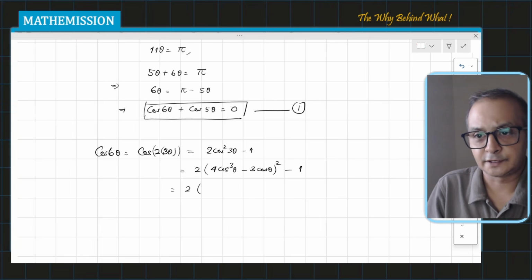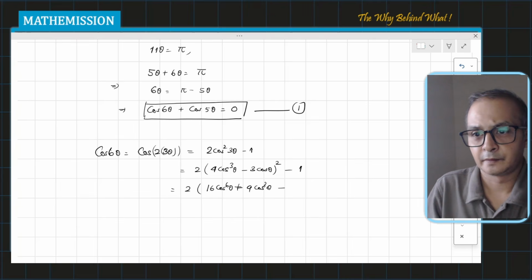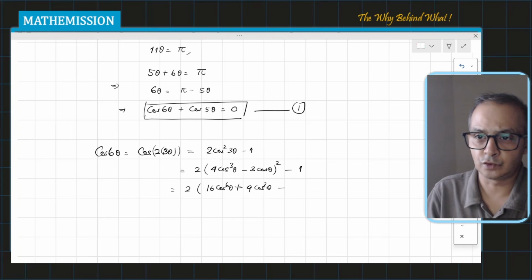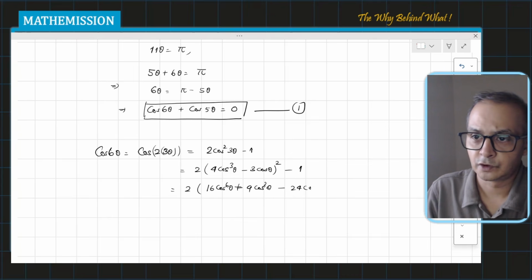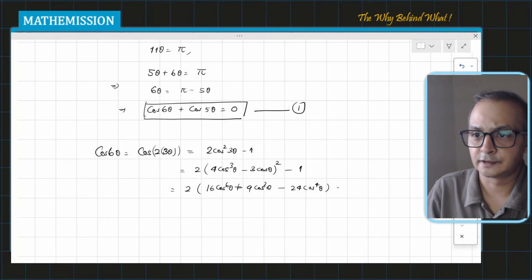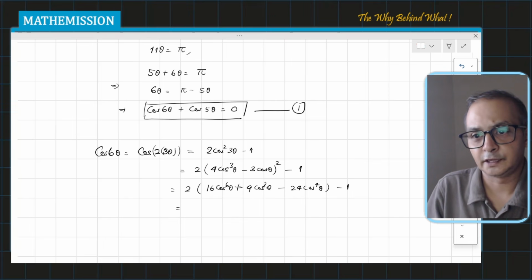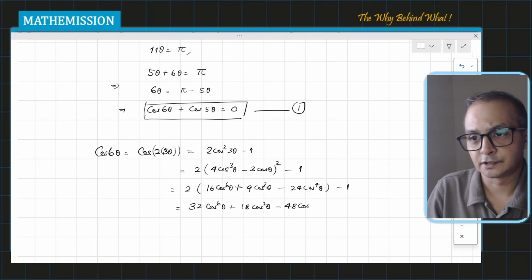Now if we expand it, we get 16 cosine to the power 6 theta plus 9 cosine square theta minus 24 cosine to the power 4 theta. That will turn into 32 cosine to the power 6 theta plus 18 cos square theta minus 48 cos to the power 4 theta minus 1.